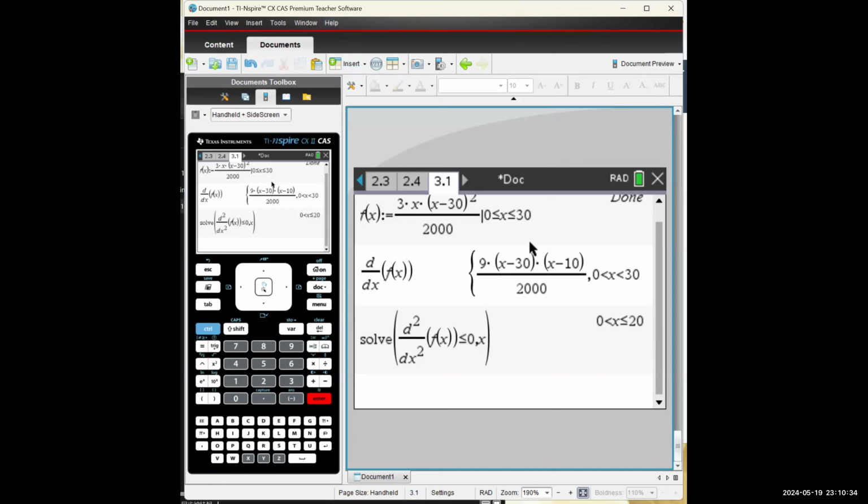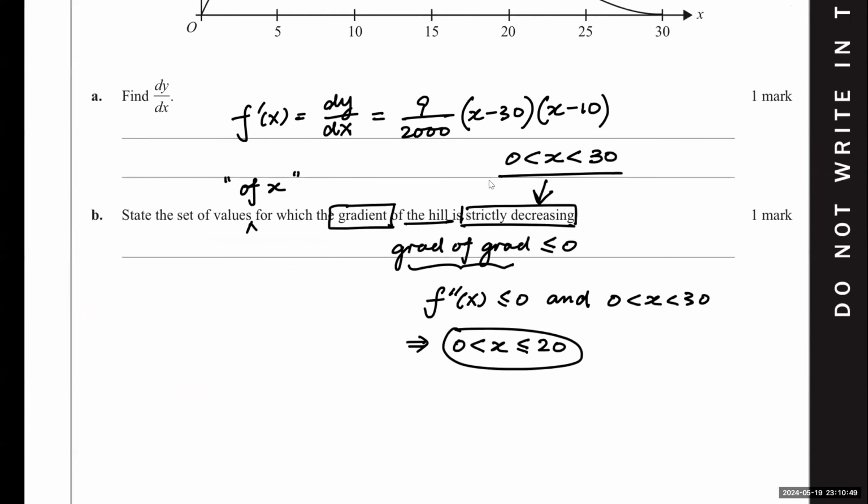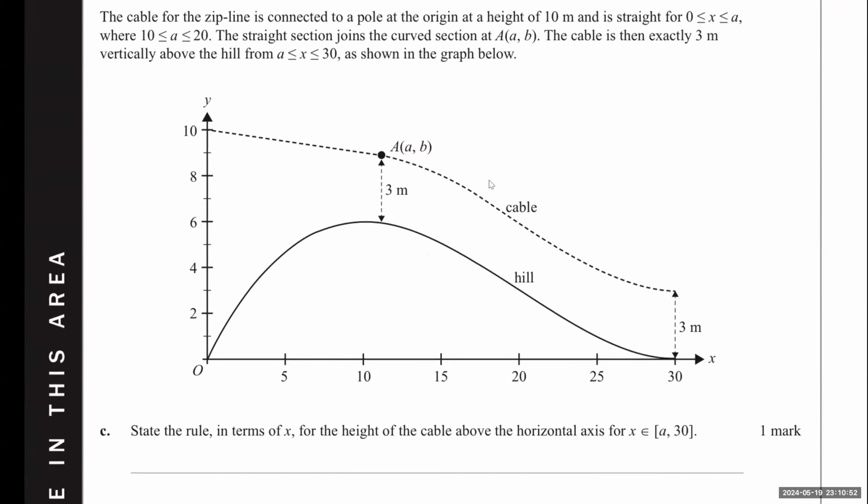So let's come back and look at the rest of the parts. Okay, the cable for the zip line is connected to a pole at the origin at a height of 10 meters, and it's straight from 0 to A, where A is between 10 and 20.